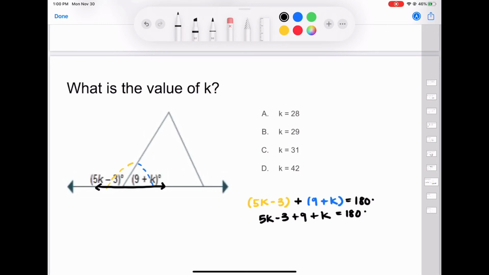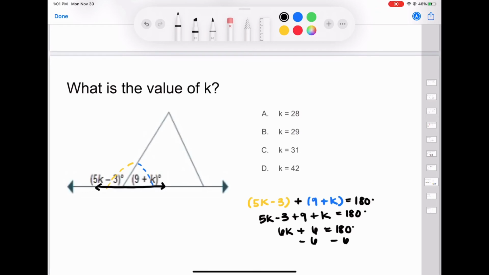3, so 6x plus 6 equals 180. We can go ahead and subtract 6 from both sides.